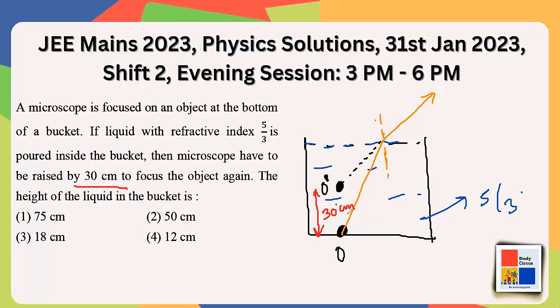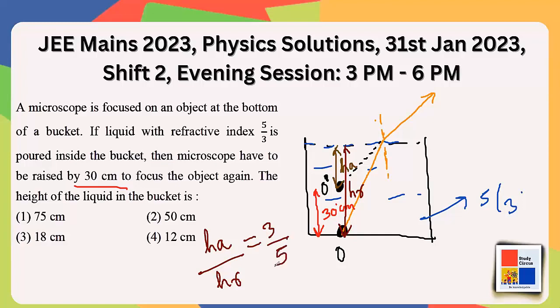Now we can use the formula for apparent depth and actual depth. This is the apparent depth, H apparent, and the actual depth is H real. H apparent upon H real is going to be less than 1, of course.